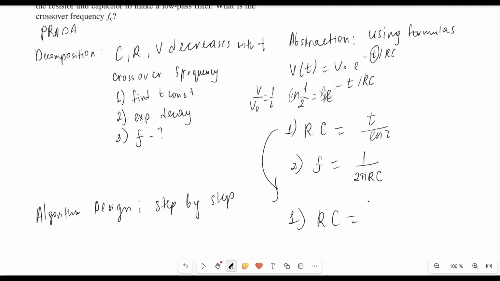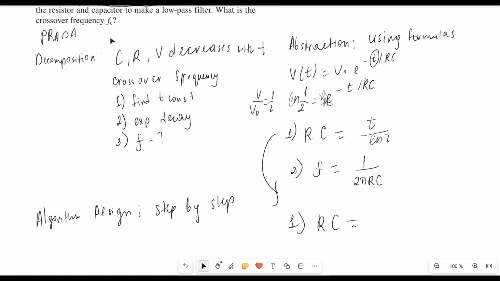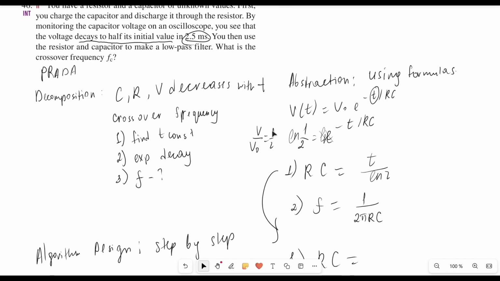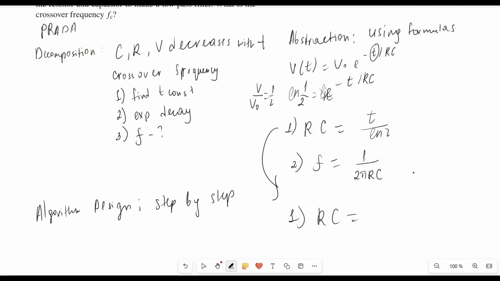RC equals the time, which is the half life, 2.5 millisecond, over ln 2. It's approximately 3.6 millisecond.